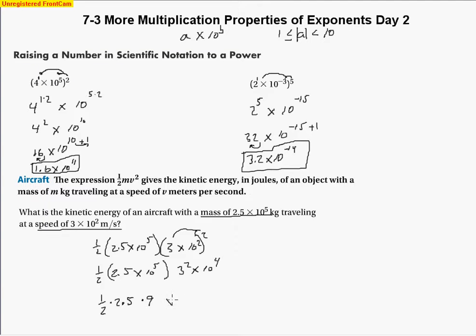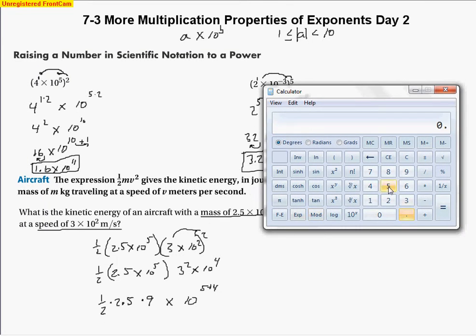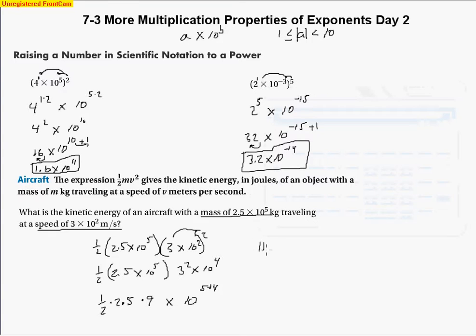And then over here I'm adding up the exponents, so times 10 to the 5 plus 4 power. So I start taking a half of 2.5 and then multiplying by 9. Let's do that real quick. We've got 0.5, which is the 1/2, times 2.5 times 9 gives us 11.25 times 10 to the 9th power.